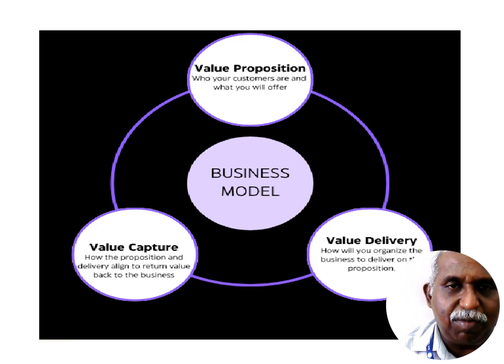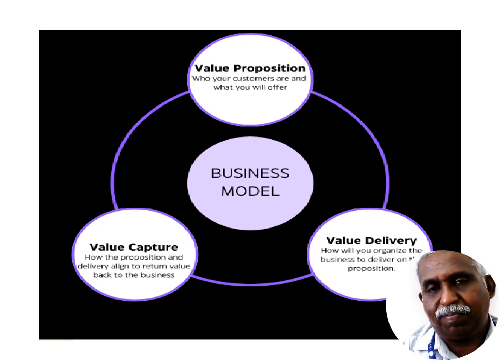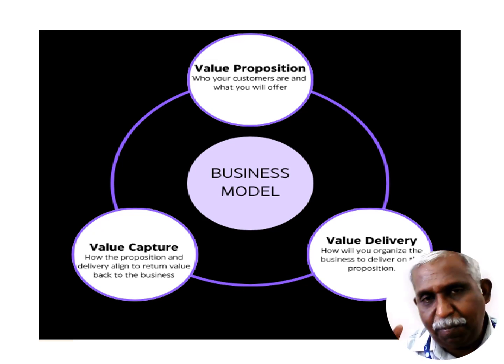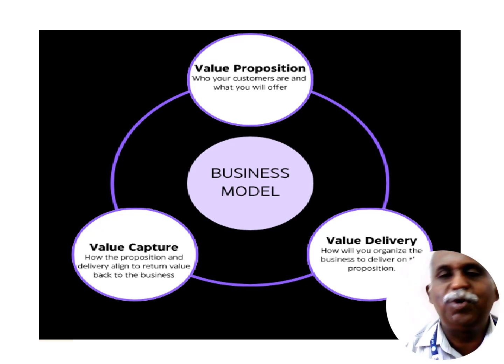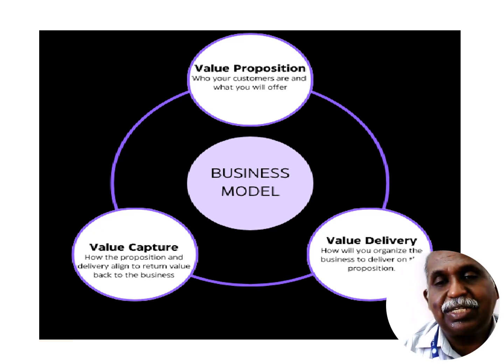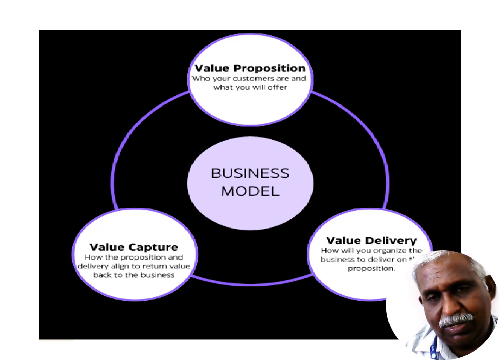In the business model, first the value proposition: who are your paying customers? Then, if you have a value proposition, how will you deliver that value to your customer? That is a major challenge in the business.